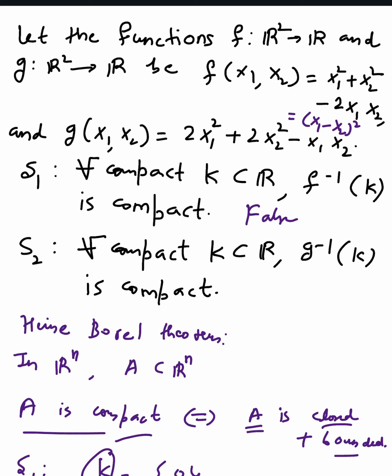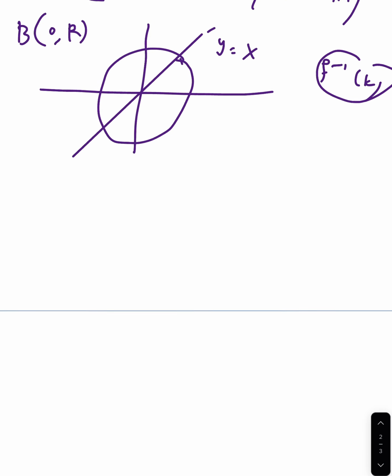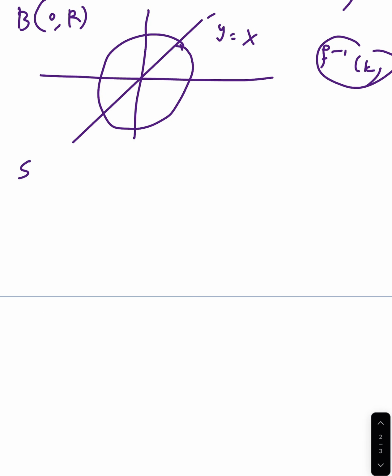What about statement S2? So let's investigate S2 now. Well, here you can see that g inverse K is closed. Why is it closed?